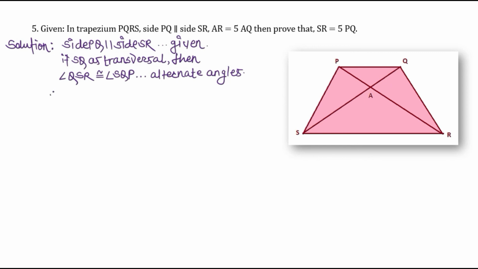The next step, we can say angle ASR. Now see this QSR is this entire side. So if you take angle ASR, this is also the same angle. And instead of SQP, we can take AQP because again A is on the side SQ.